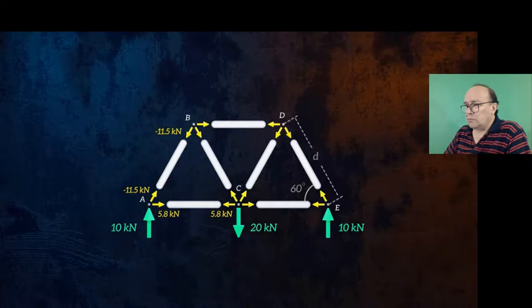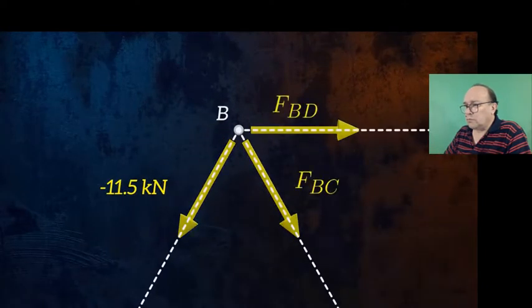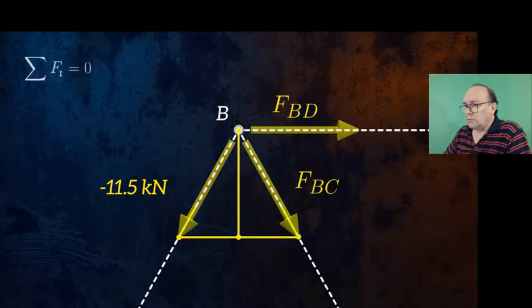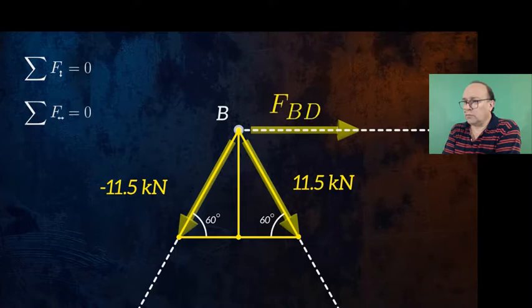We can repeat the process for joint B. We can start by considering equilibrium of the vertical forces, which allows us to calculate the force FBC. And then we can consider equilibrium of the horizontal forces to calculate FBD.